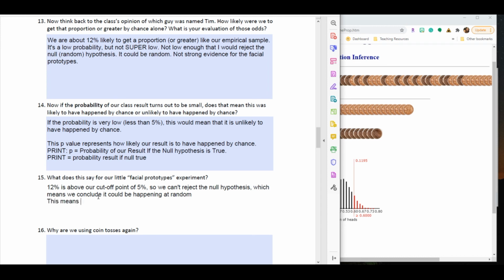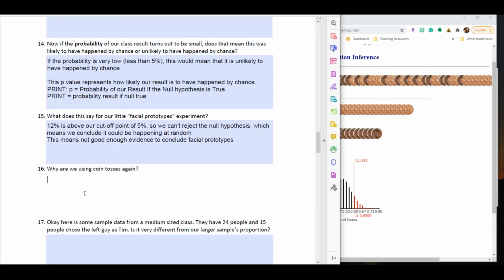This means this is not good enough evidence to conclude facial prototypes. Based on this particular result, we can't conclude that facial prototypes are a real thing, because we could have had this result just at random, and it's not that weird.